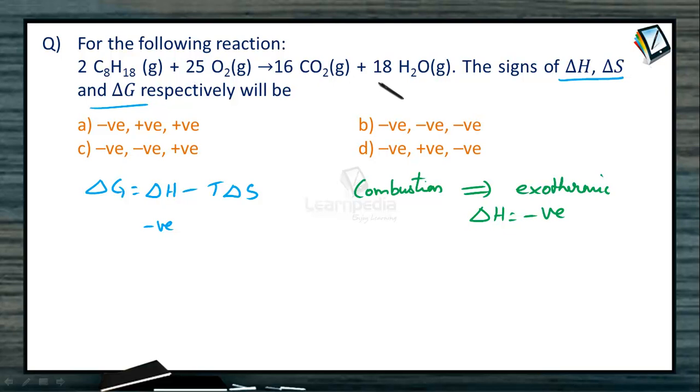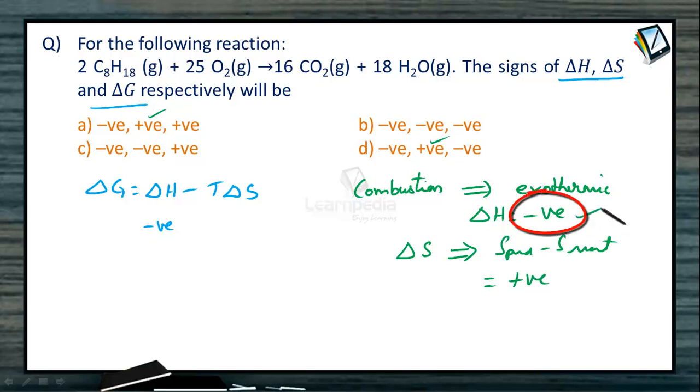So as there is increase in the number of gaseous moles, we can say that the entropy is increasing, isn't it? And when the entropy increases, definitely the change in entropy is nothing but the entropy of the products minus entropy of the reactants, and that comes to be definitely a positive value, isn't it? So now our answer can be either option A or option D, because it is satisfying the delta H value as negative and delta S value as positive.